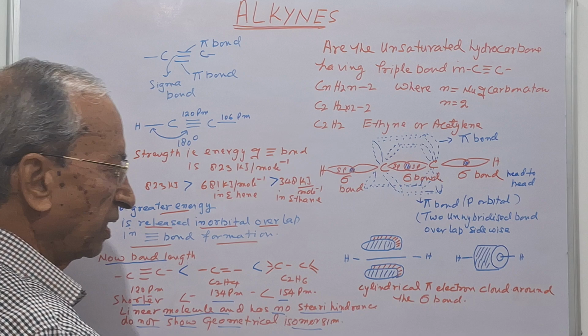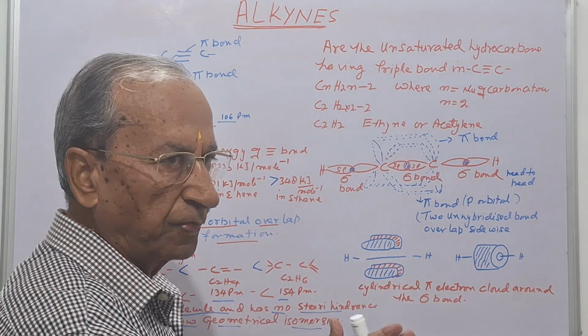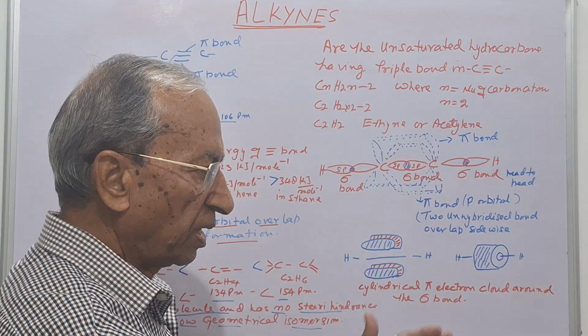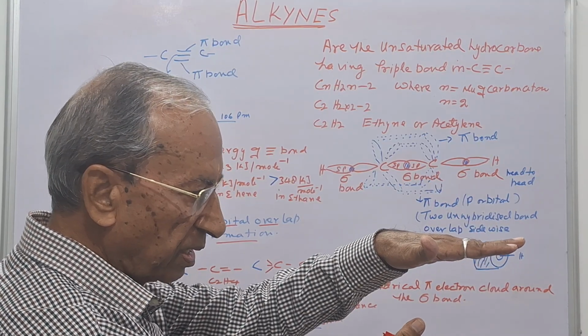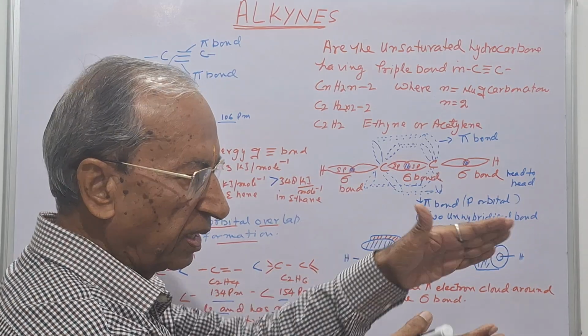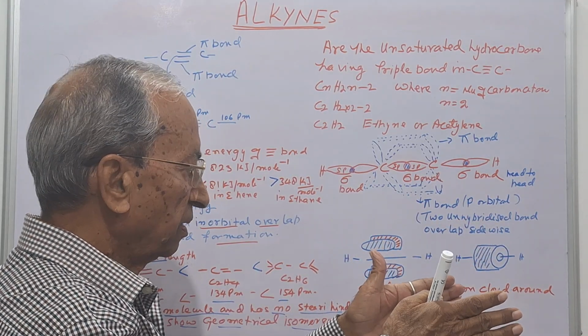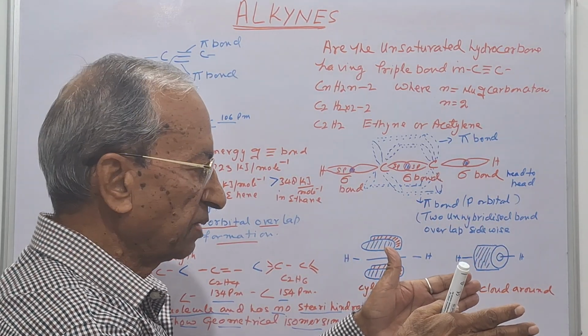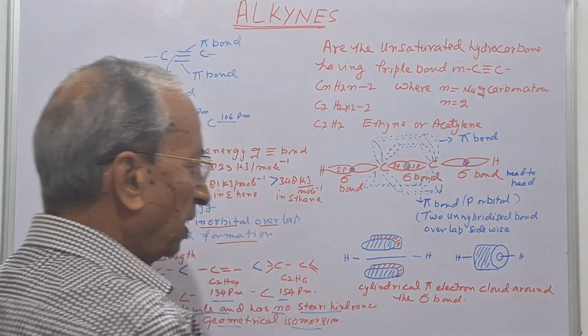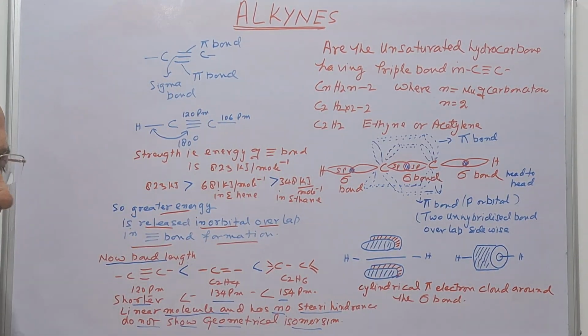So it is very interesting. If one pi bond is up and below the sigma bond, and the second is before and after the sigma bond, it forms a cylindrical pi electron cloud along the sigma bond.